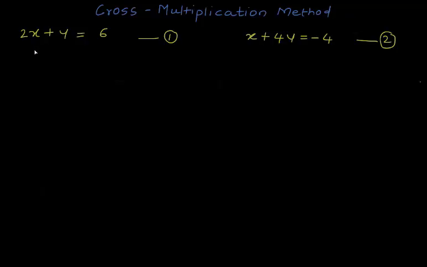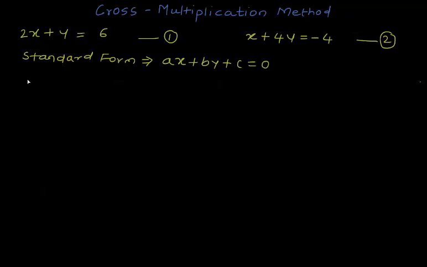Now the first step in the cross multiplication method is to write down the equations in standard form. So what is meant by standard form? We have to write down the equations in the form ax plus by plus c is equal to 0. That means we have to bring all the terms to the left hand side of the equal sign. So let's subtract 6 from equation 1.